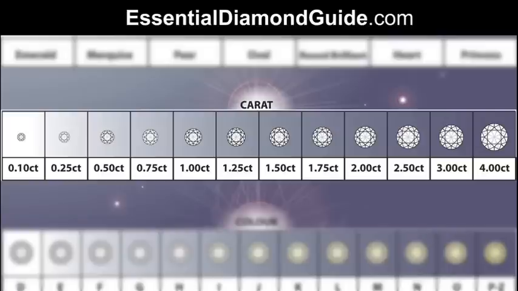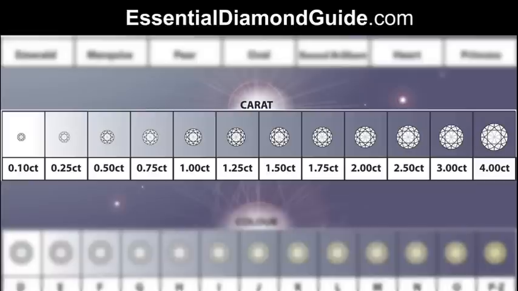So you've got 100 points in a carat. So 100 points equals 1 carat. So if someone says, oh, there's 2 pointers in the ring, then that is 2 times 0.25 of a carat. Often people love to have a carat in their engagement ring. Some people have 1/4 of a carat, some people have 2 carat. It just depends on the look that you want and also, of course, your budget.